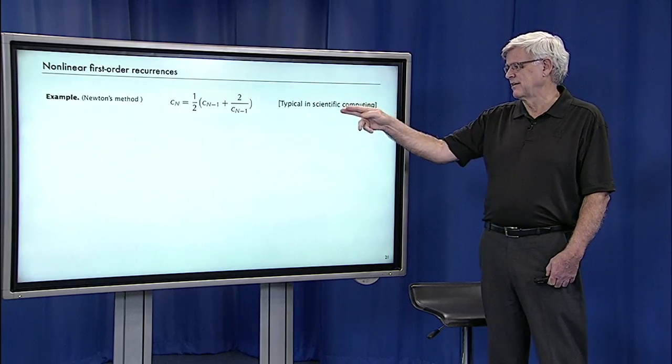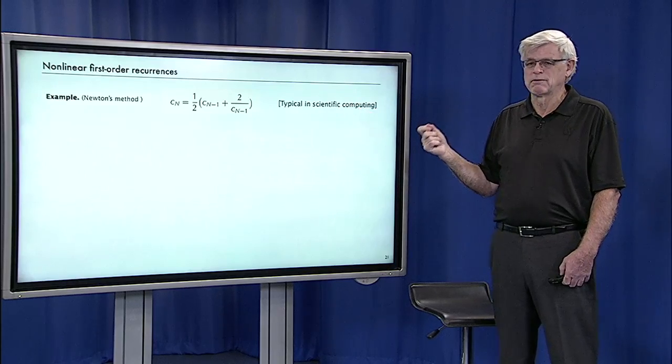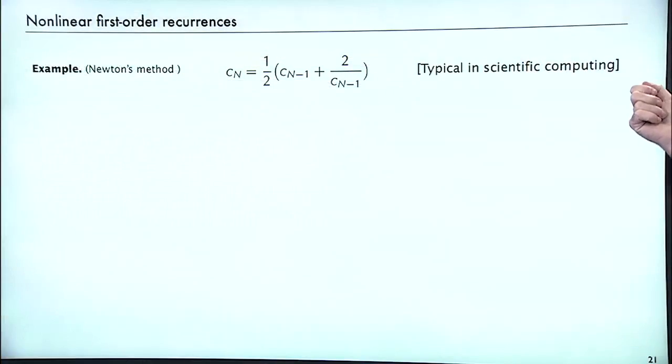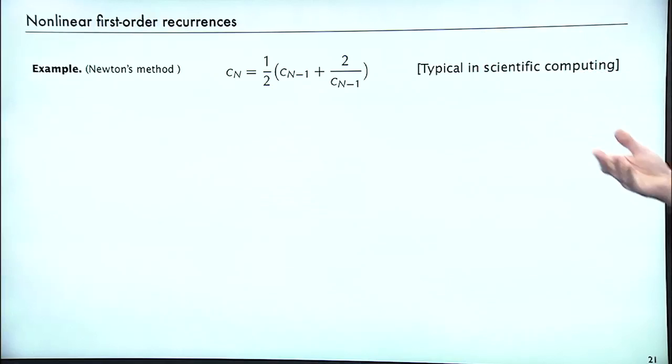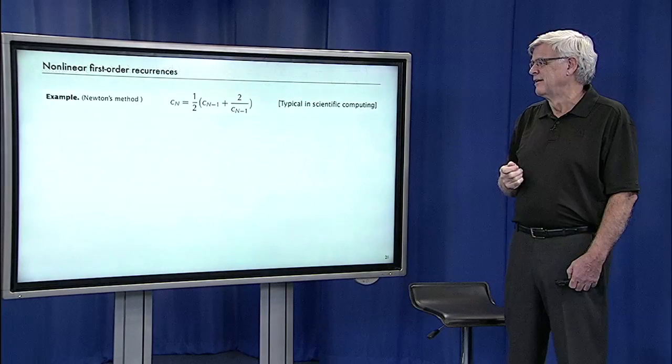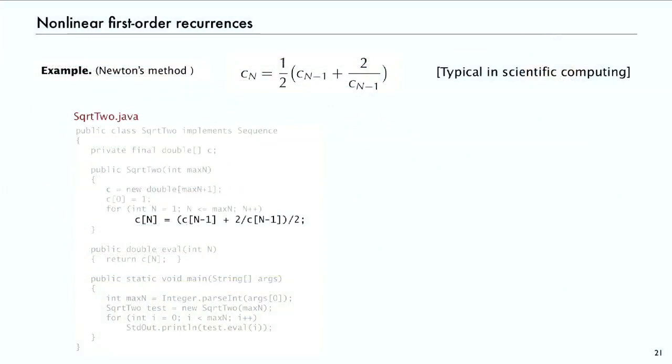You can see from this formula, if you get close to the square root of 2, or if you get exactly the square root of 2, 2 over the square root of 2 is square root of 2, plus square root of 2 divided by 2, is equal to square root of 2, so you should converge on the value of square root of 2. That's Newton's method. And I can write the code to compute the square root of 2 this way, just another sequence like the code that I gave for quicksort or Fibonacci numbers.